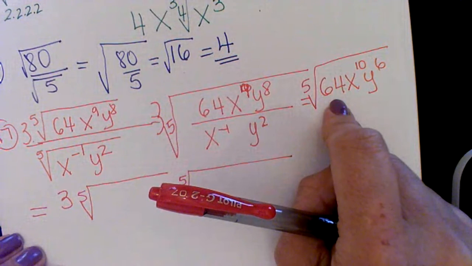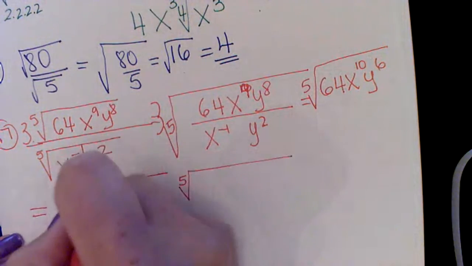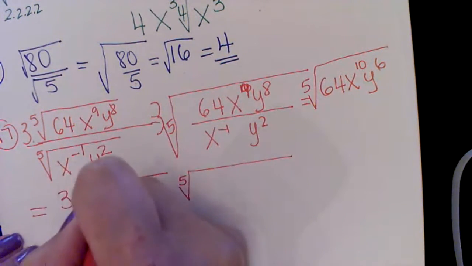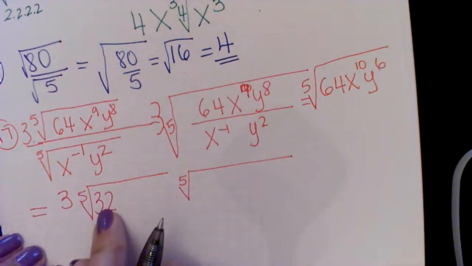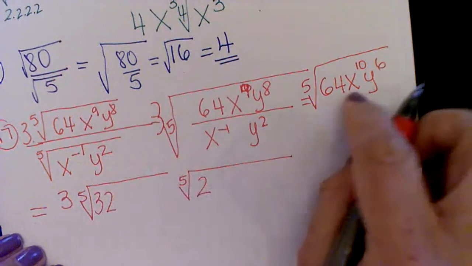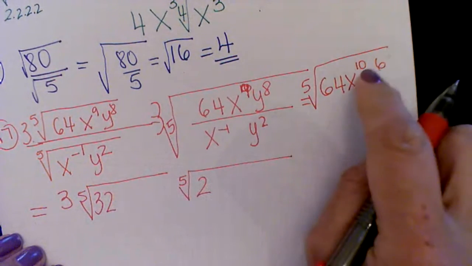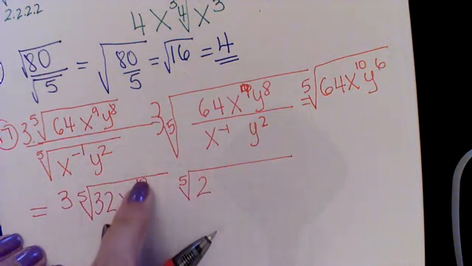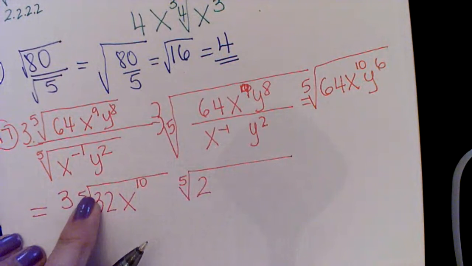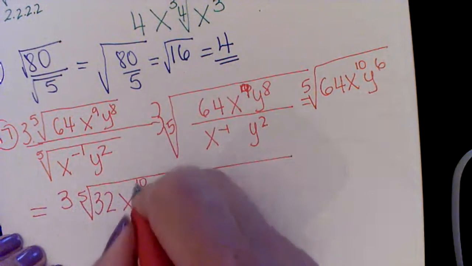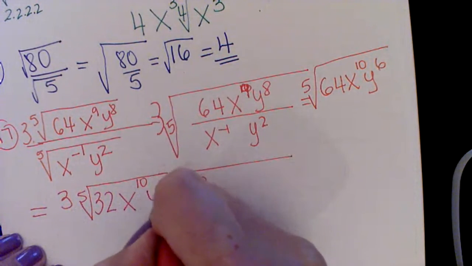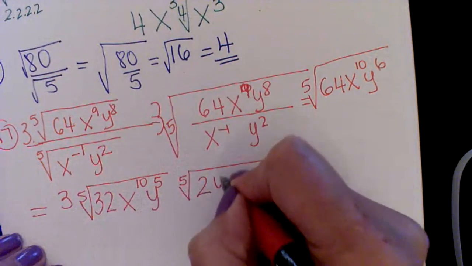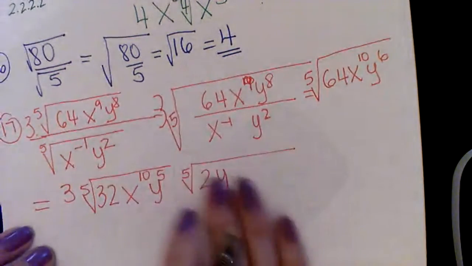If we have 32, we could get the 5th root of 32. And 32 times 2 will give us 64. Now 10 can stay here because 10 divided by 5 is 2. And the y, how many y's do I leave here? 5 and just 1 on this side. That's the leftover, okay?